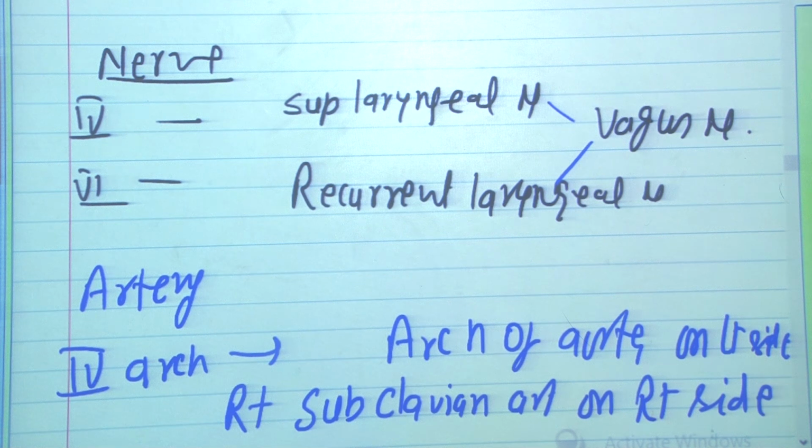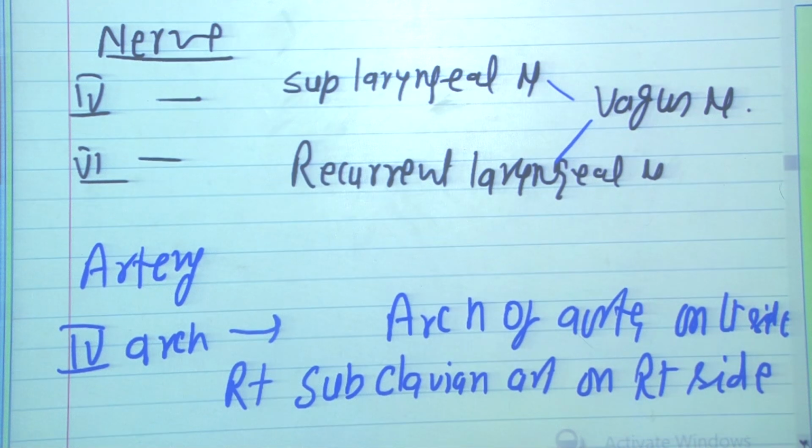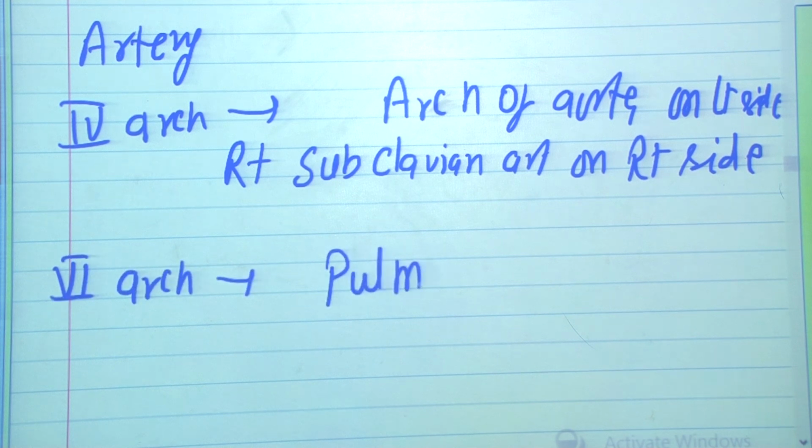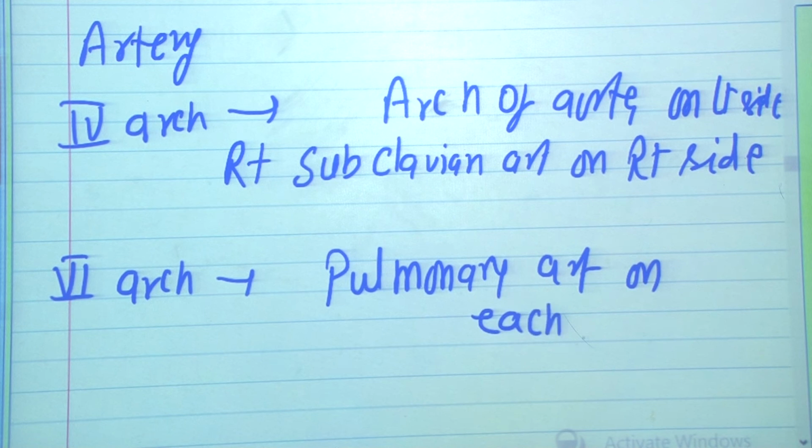So, on each side two different arteries develop from the fourth pharyngeal arch. From the sixth arch, pulmonary artery on each side.